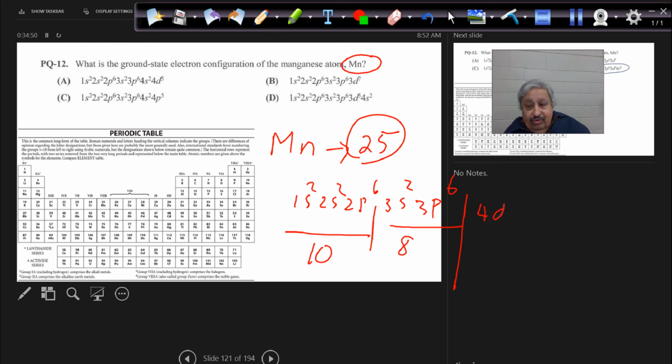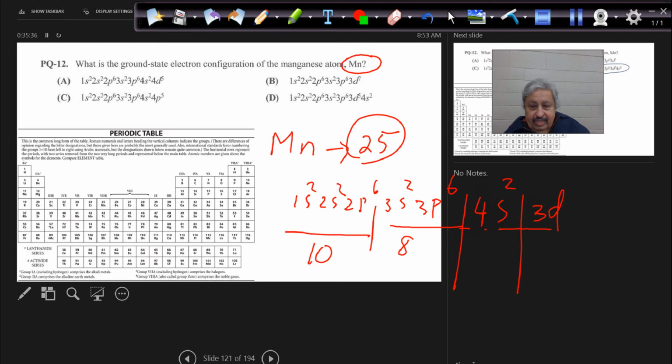Then the 3d, sorry, not the 3d. After the 3p6 will come the 4s2, and the 3d will get whatever is left over.